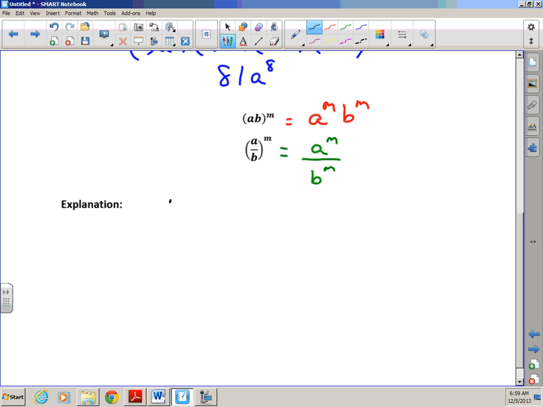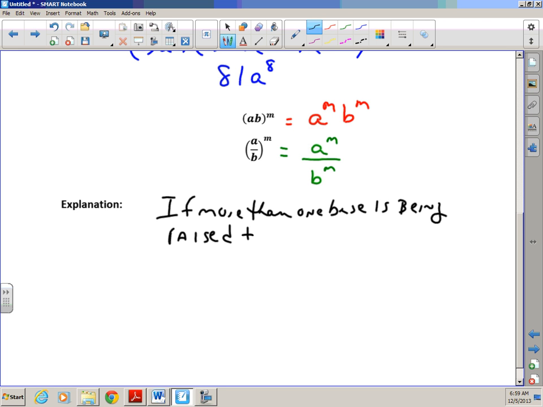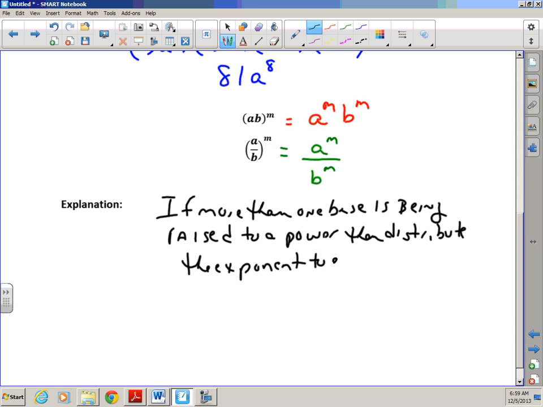So the explanation is if more than one base is being raised to a power, then distribute the exponent to each base.